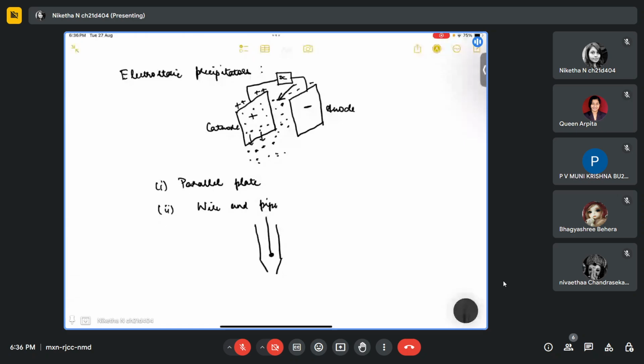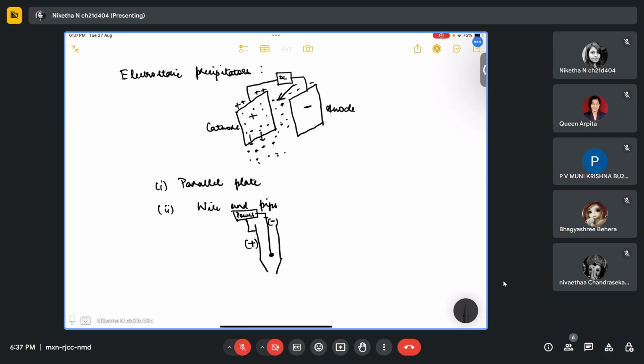Both the wire and the pipe are connected to an external source. So the pipe is generally positively charged, whereas the wire is negatively charged.